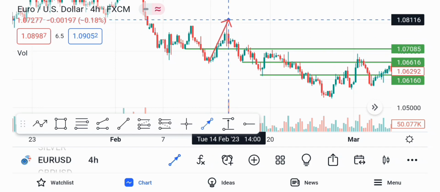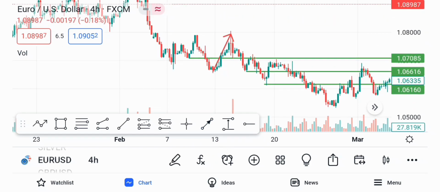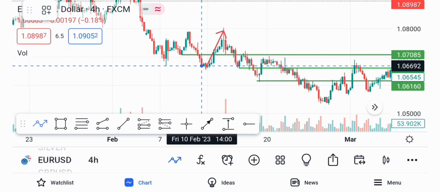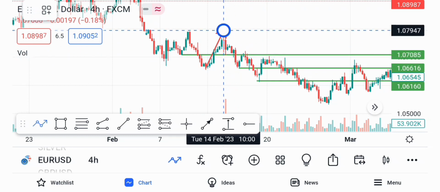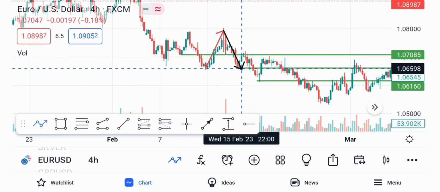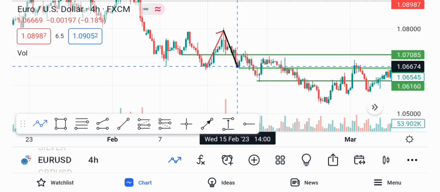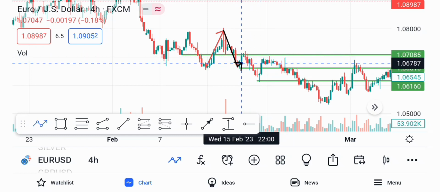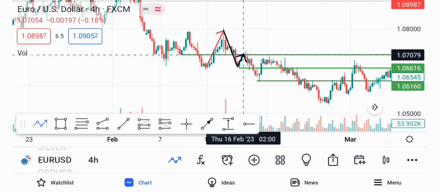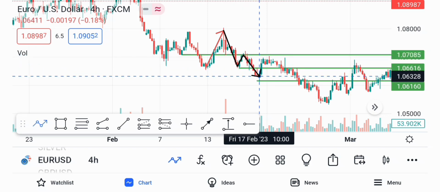So now, in this trend, it's very obvious. We can see that the price went up. After going up, went down, hit our previous support and turned into a resistance, went back down.